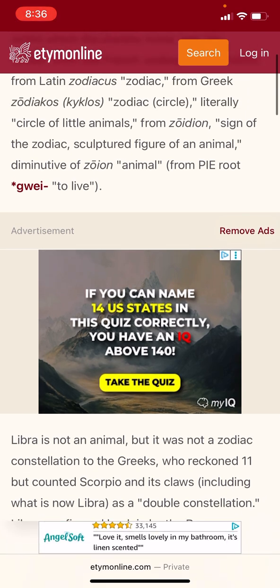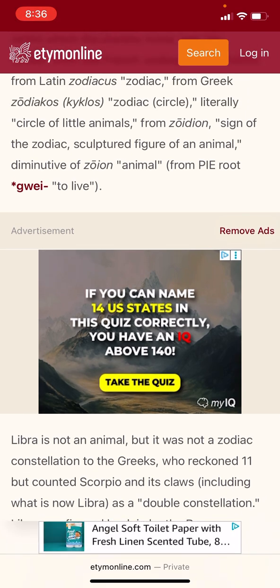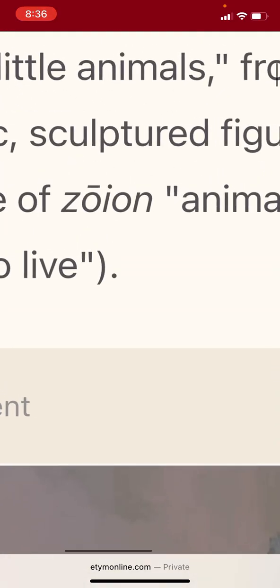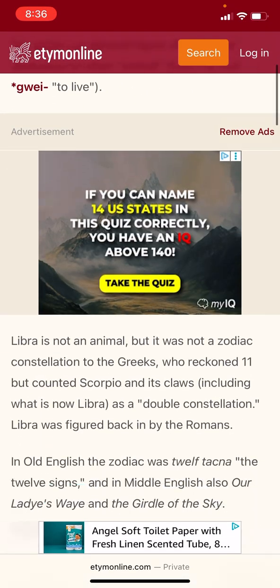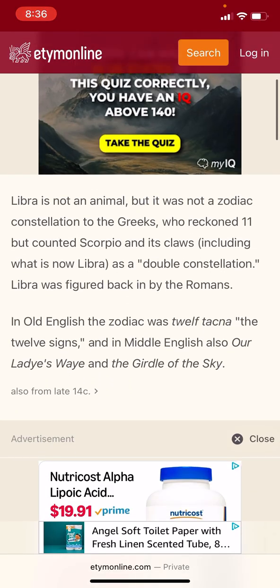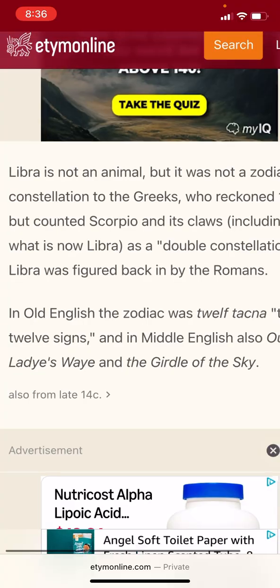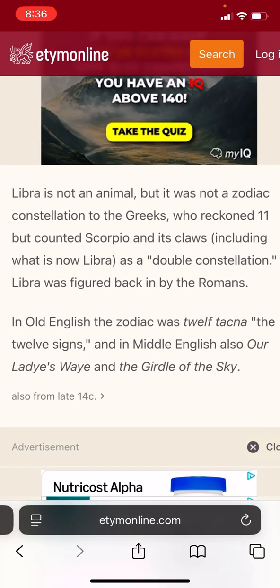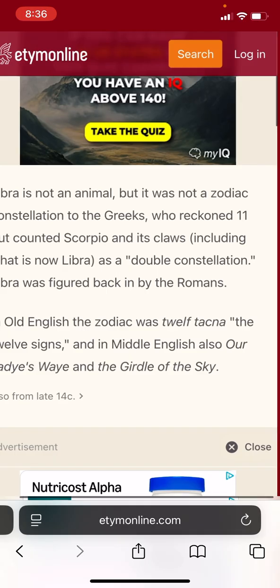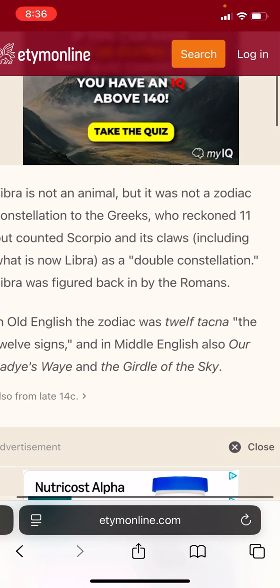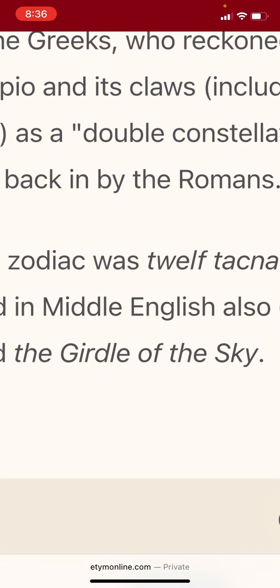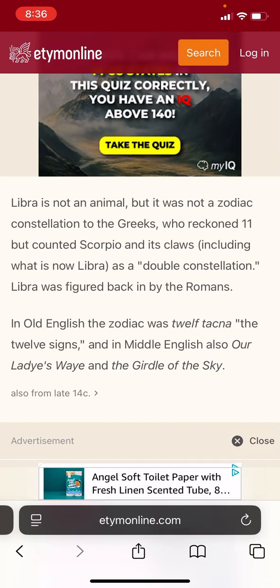We have sign of the zodiac, right? Look at this. Doesn't this look like Zion? Zoion means animal, right? To live. Now this was interesting right here. The very last paragraph, it says, in Old English, the zodiac was 12th Tacna, the 12 signs. And in Middle English, also Our Lady's Way and the girdle of the sky. Look at that. The girdle of the sky.